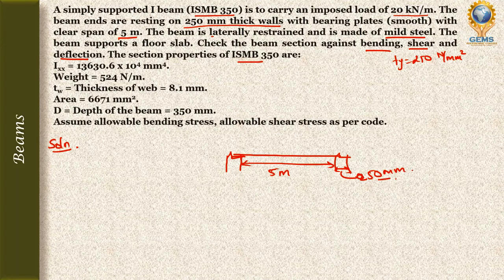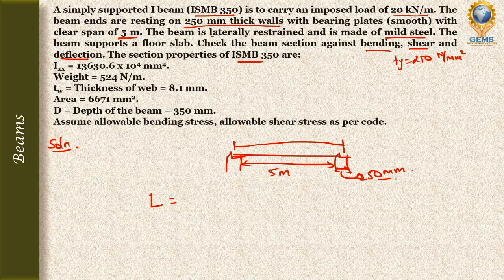So first we have to calculate the effective length L, capital L, because here it is given a clear span and the wall thickness. So effective length is from the center of the wall to the center of the wall.